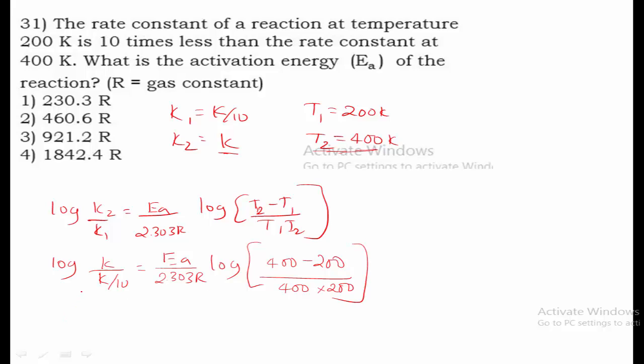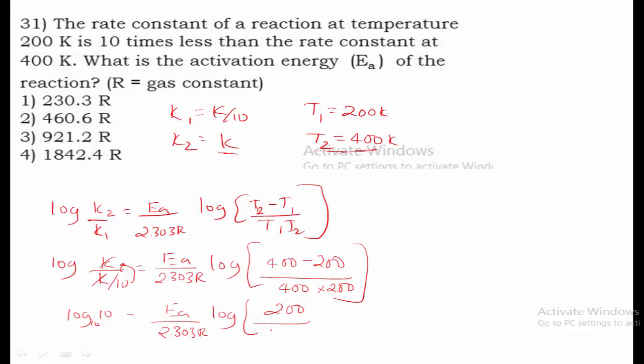Okay, so simplify this. What it becomes? Log 10. K gets cancelled, 10 comes here. Log 10 to the base 10. Ea divided by 2.303 R log 400 minus 200, 200.